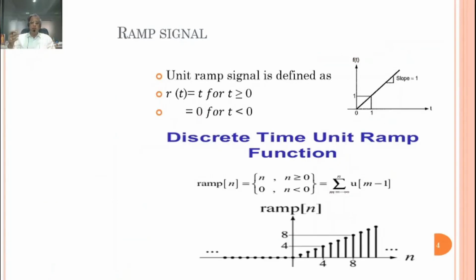Then the ramp signal and the unit ramp signal. The ramp signal is expressed like this: (A/T) t for t greater than or equal to 0.